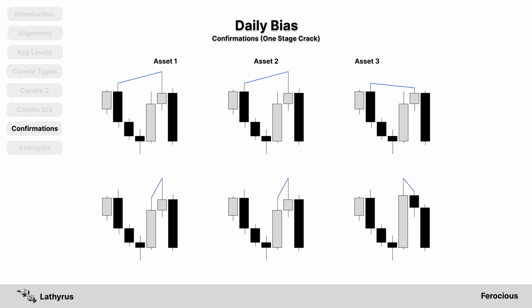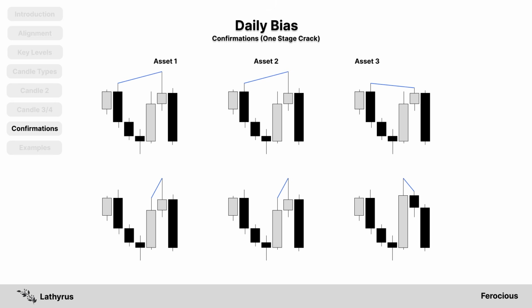When we want to confirm an SMT, we want to see all the assets expand away from the formation. So this is basically an SMT by using swing highs and lows, but we can also use SMT based on previous candles' highs and lows, so consecutive candles, right? So here we have asset 1 taking out this candle's high when asset 2 is doing the same, while asset 3 is not taking out this high, but we all take out the relevant swing.